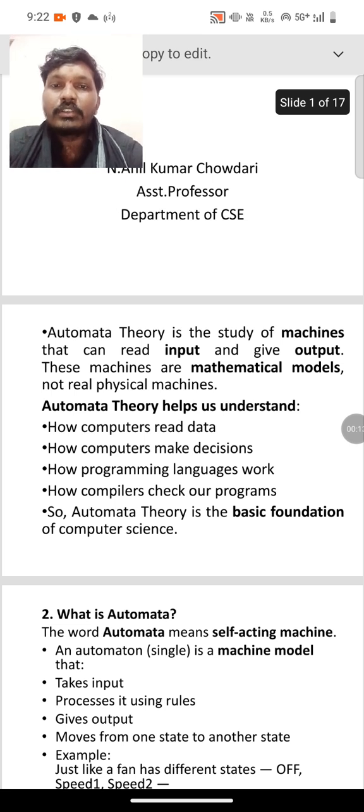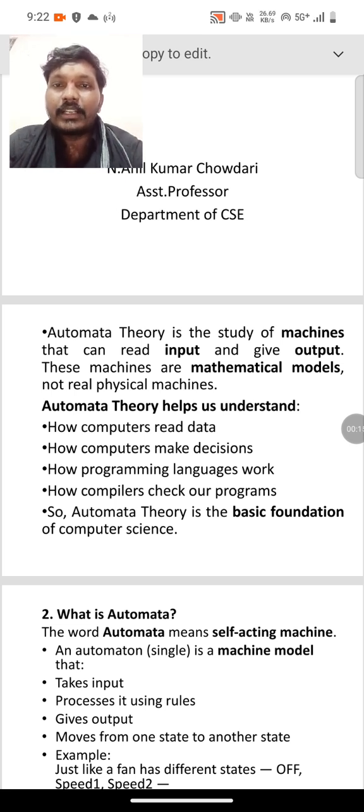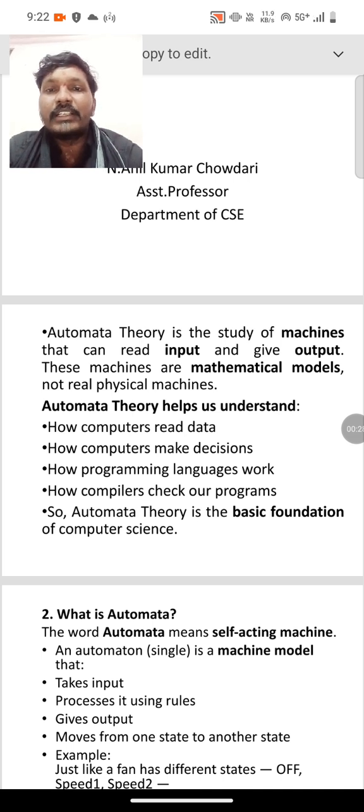Today we will discuss automata theory and compiler design. First, we will learn about automata theory. What is automata? Automata is a self-acting machine. Automata theory is the study of machines that can read input and give output.